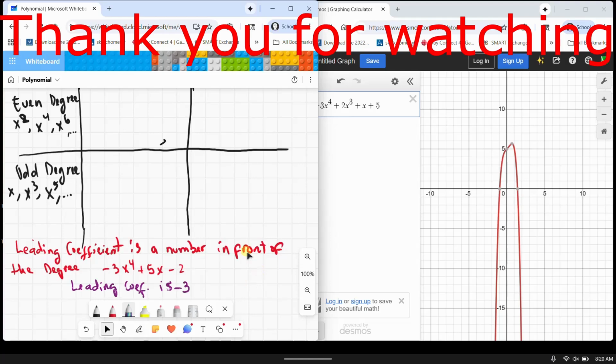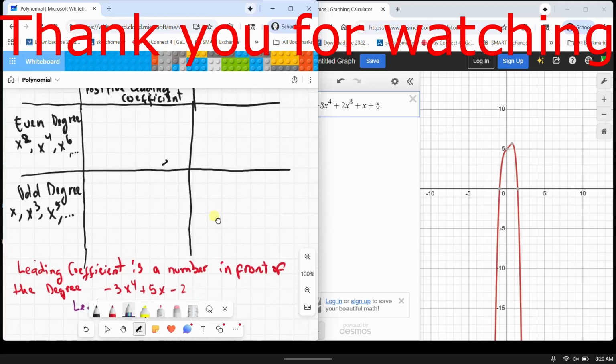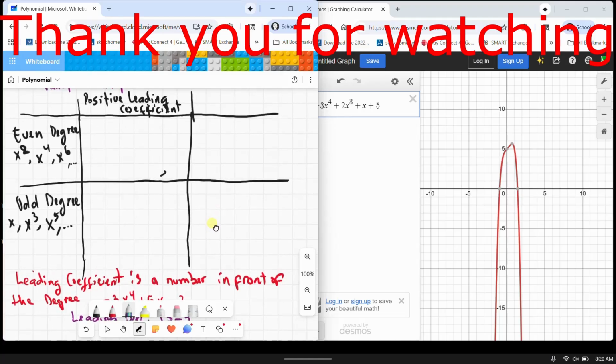So that's what the leading coefficient is. There should be only one leading coefficient. There are many different numbers in this expression, but there should be only one leading coefficient. So let's go back to the table.